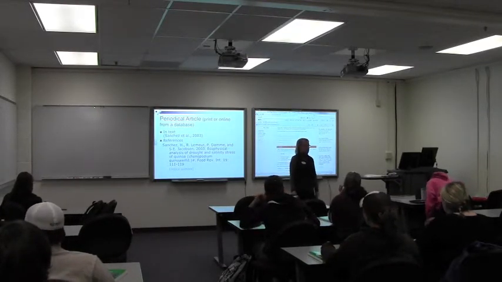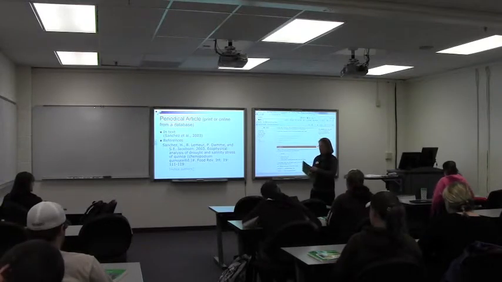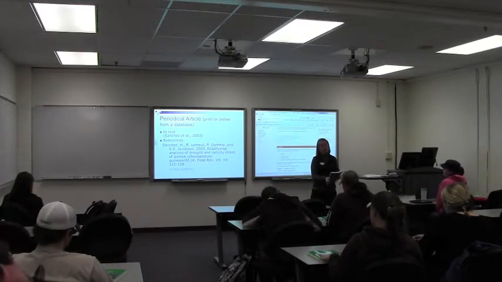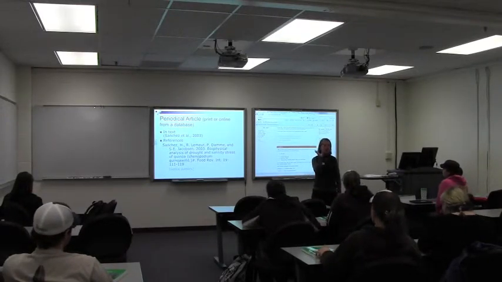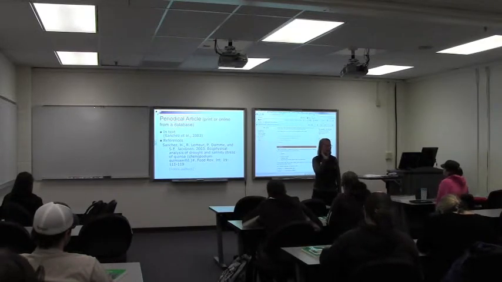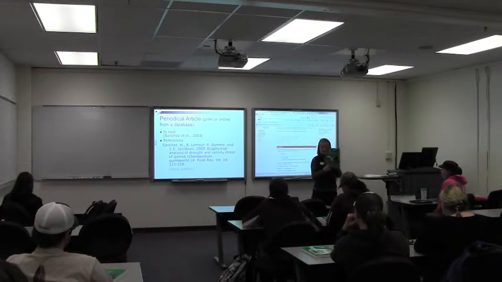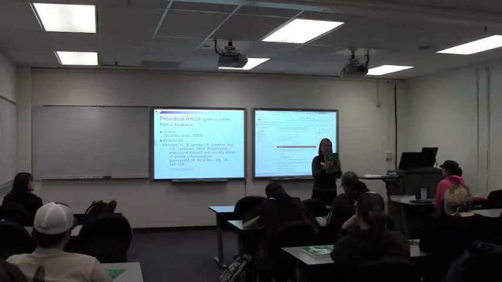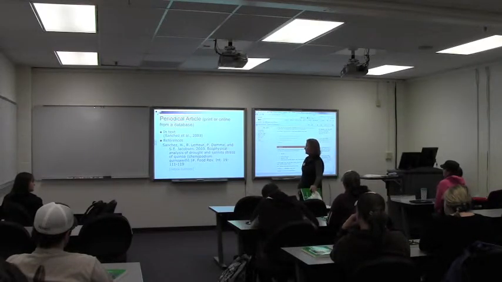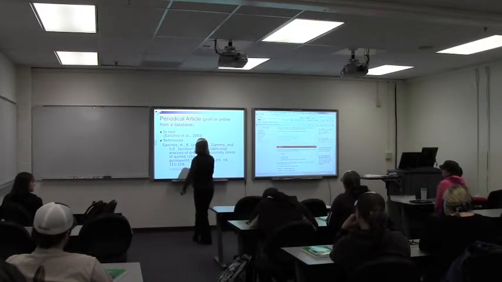You don't need the issue number. And they appear all over the place. Even if you get a journal article off of a website, if you went to Agronomy Journal through our library, you would actually go to their website because we now pay for it through their website. You have to find that volume number somewhere, okay? And then these are the pages.